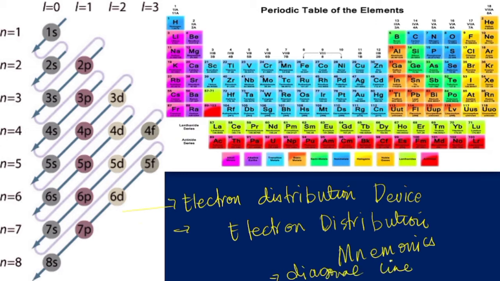Why is it called diagonal line? It's because of these lines in here.